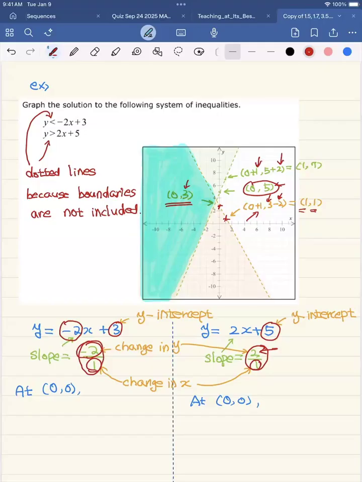Then we have (1, 7). So that is this point, and we join that with the y-intercept (0, 5). So we have two straight lines.